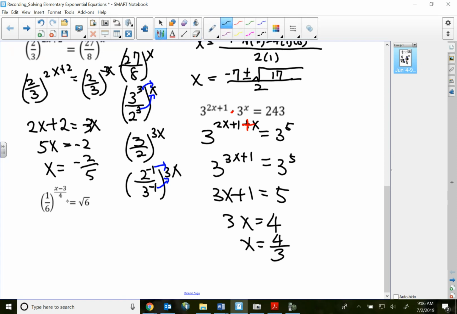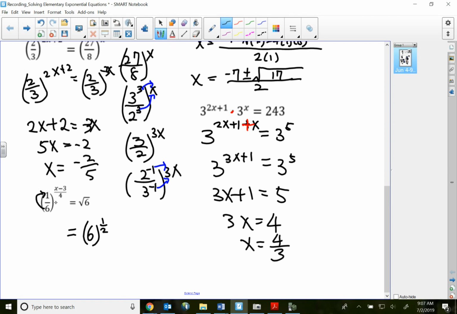Now this one is interesting. I got 1 over 6 for the base, and this is a square root of 6. I know the square root of 6 is the same as 6 to the half power. So now the question is, do I want 6 as a base or 1 over 6 as the base? If I go with 6 as a base, this 6 right here has to be flipped to the top.